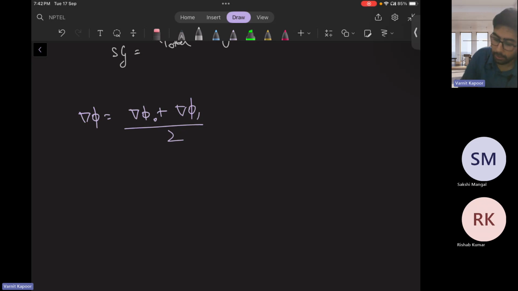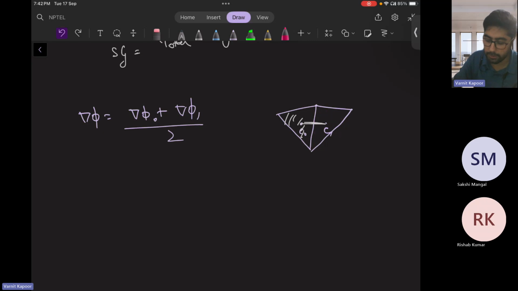For example, I have these two, C0 and C1. I don't bother about whatever distance is there. Grad of phi is constant in this cell, and grad of phi is constant in this cell, and the mean of both of them can be taken.